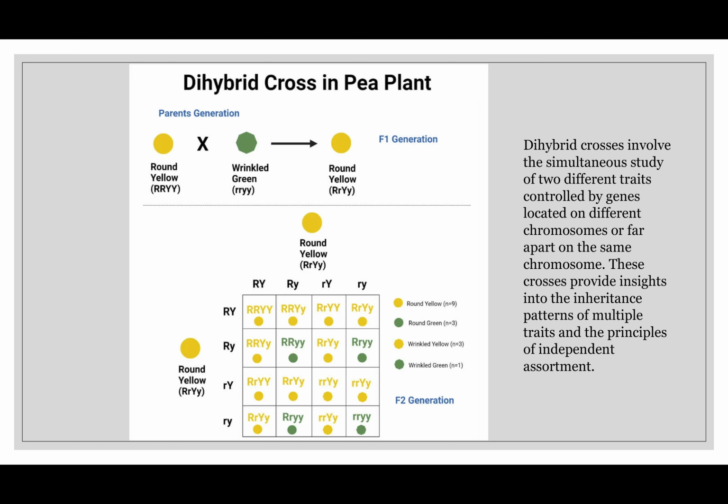These crosses provide insights into inheritance patterns of multiple traits and the principles of independent assortment. This is what independent assortment is showing you: when these genes are mixed up, there are a lot more possibilities. These dihybrid crosses are exemplifications of meiosis, if you look at it like that.